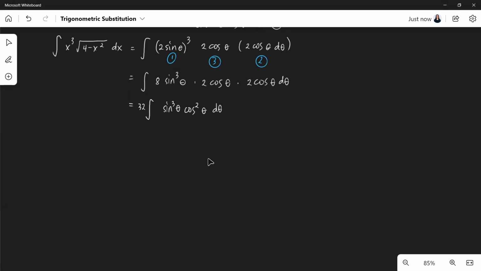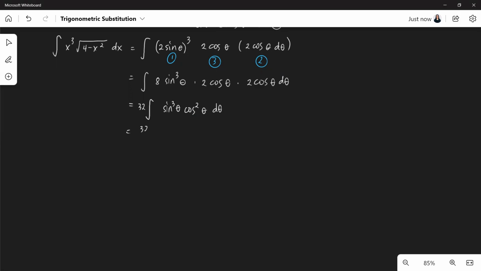Okay, so if we have sine cubed and cosine squared, we can put one of the three sine thetas ready for the du, and then transform the remaining sine squared into cosine squared, and combine it with the cosine squared here, and then the factored out sine will be ready for the du.